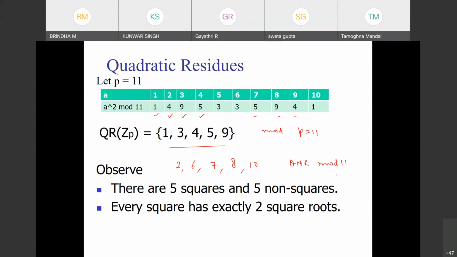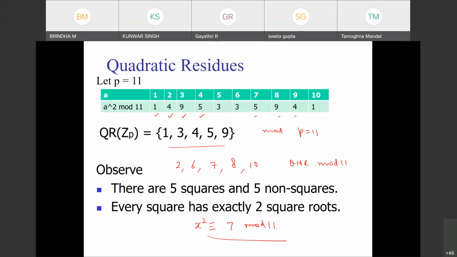For those 5 numbers, there does not exist X to satisfy this equation. You can try all the values of X, you will not get any value which will satisfy this equation. So 50% will be QR modulo P and 50% will be QNR modulo P. 50% of the time you will have a solution and 50% of the time you will not.